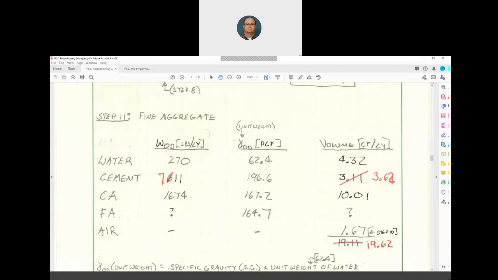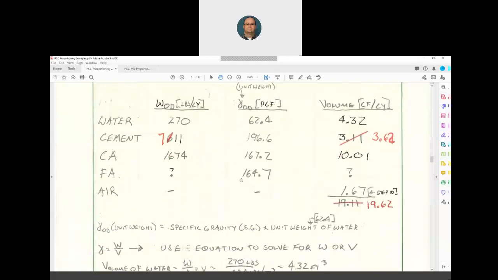Cement, so how do I do that? I take the specific gravity times 62.4, and I will get the oven dry unit weight of the material. So 3.15 times 62.4 is my unit weight. The coarse aggregate has a specific gravity, and the fine aggregate has a specific gravity.